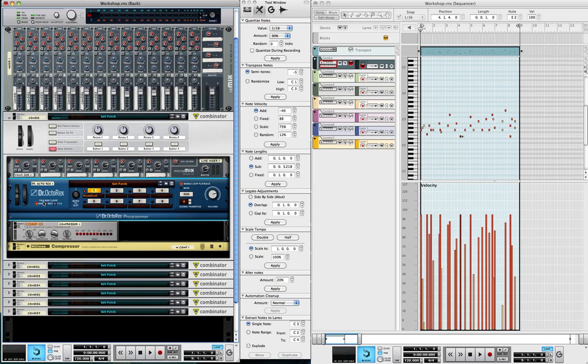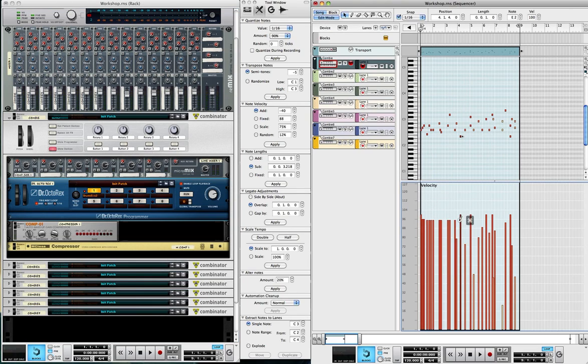But the thing to take away from this video before we go into anything else is that compression is all about the dynamics and volume of an audio signal, and I guess you could say controlling those dynamics or evening those dynamics out so that you have a more evened line as opposed to what the original signal was.